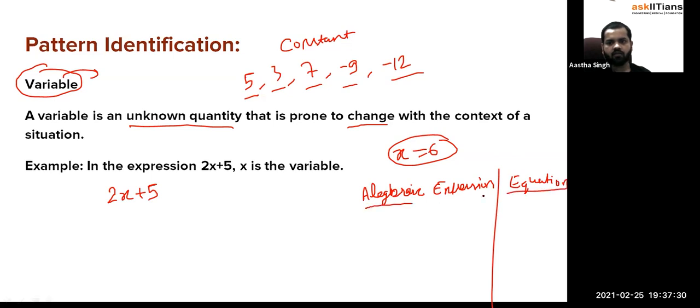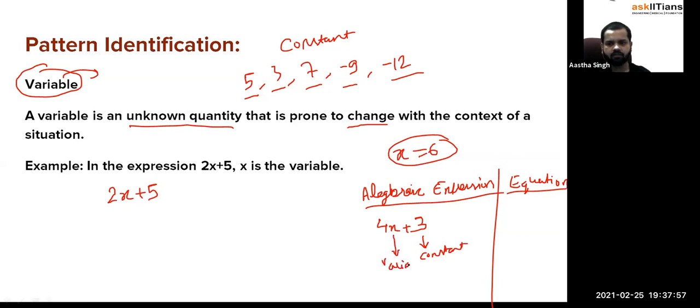There is quite a difference between them. An algebraic expression means a combination of variables and constants, like 4x plus 3. 4x plus 3 is your algebraic expression, which includes constants and variables. x is your variable, an unknown quantity.